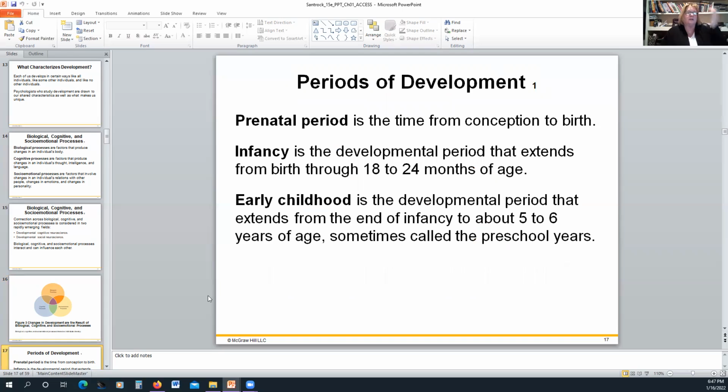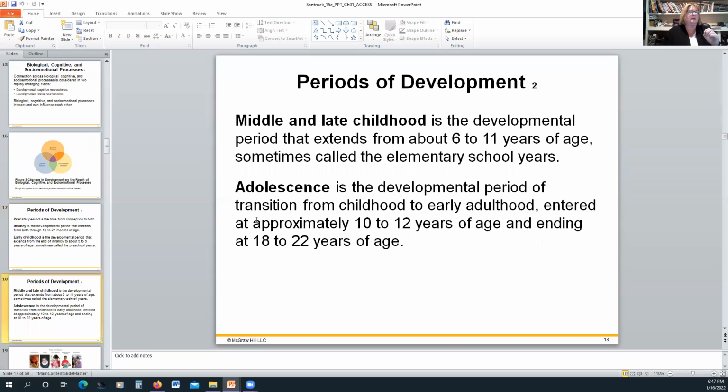Now we're going to look at periods of development. This is different than when we're talking about pregnancy. This is general periods of development. We look at the prenatal time from the time of conception until birth. Then we're going to look at infancy, early childhood, and then middle and late childhood.